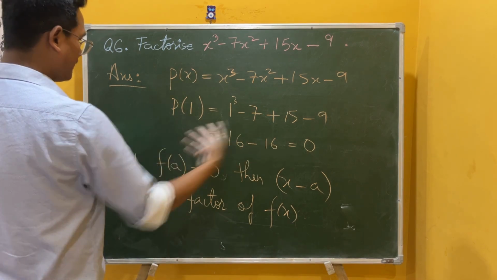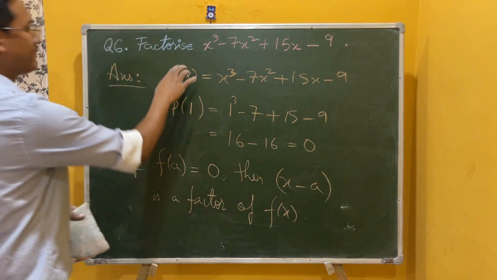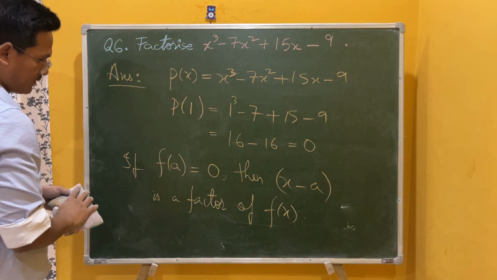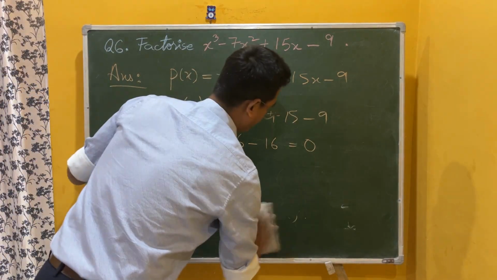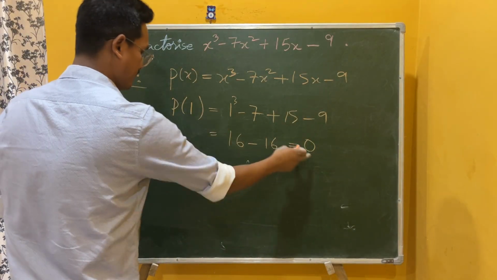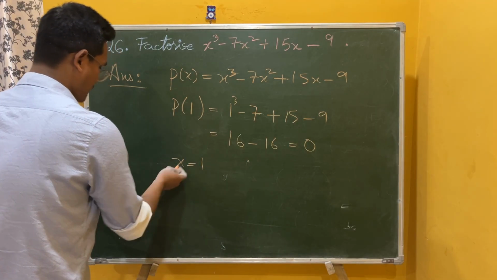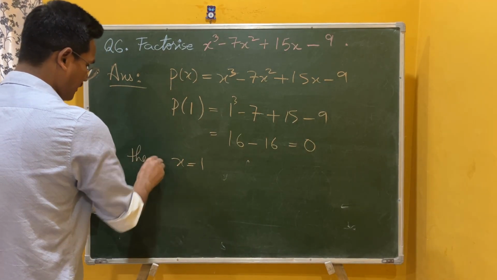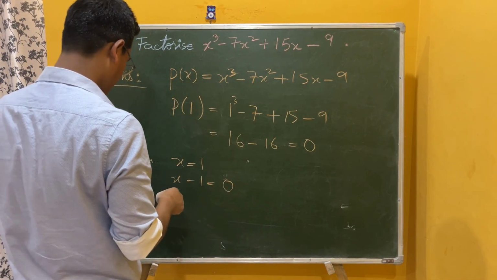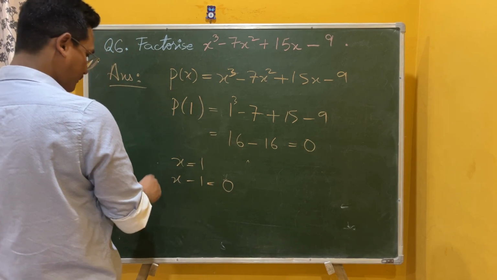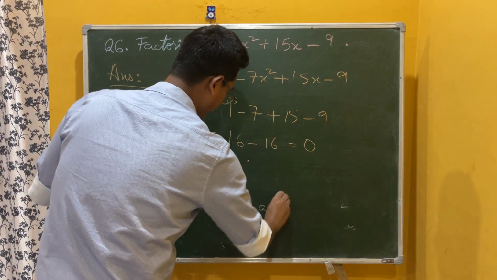So p of 1 equals 0 means x minus 1 is a factor of this polynomial. So remember this. This is the factor theorem. P of 1 equals 0 means x equals 1. Then what do you say? x minus 1 equals 0. So x minus 1 is a factor.